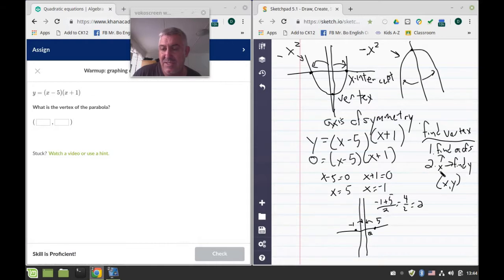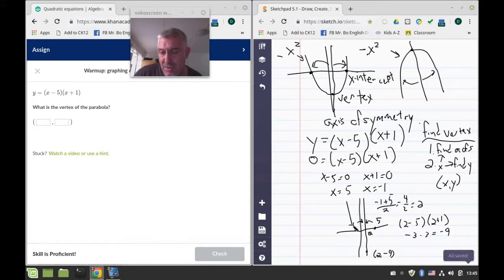So step 2, we're going to use that x to find y. How do we do that? We plug it in. y equals 2 minus 5 times 2 plus 1, and that is negative 3 times 3, which is negative 9. And so our vertex is down here at (2, -9).